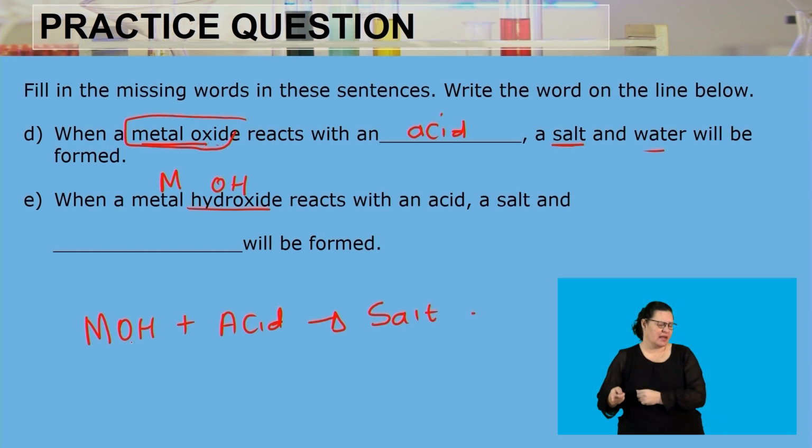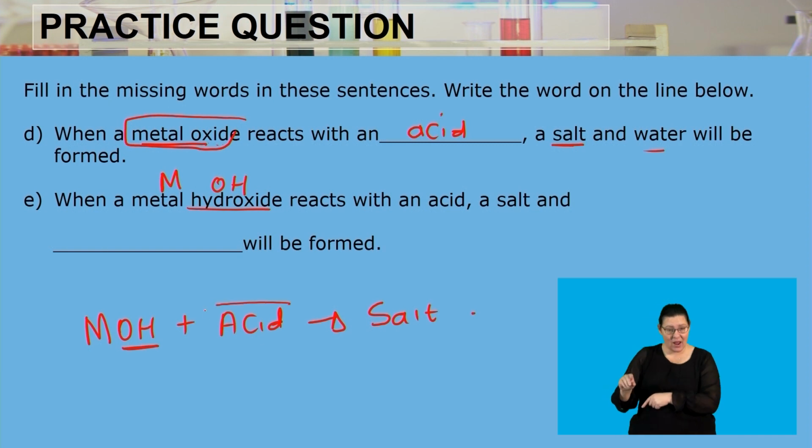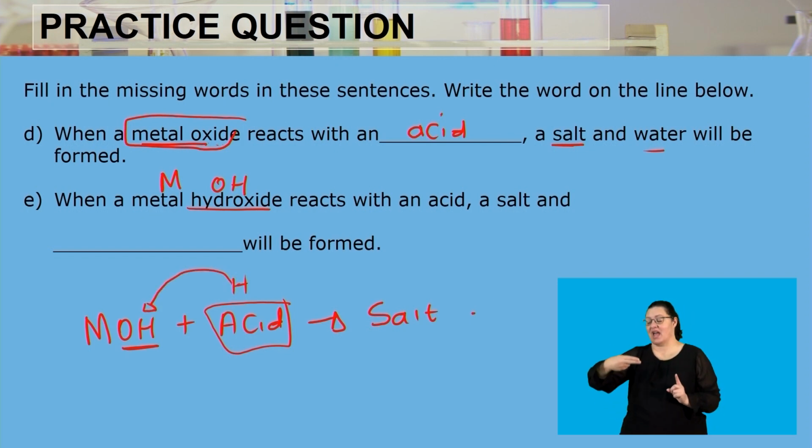Now remember that the OH is going to be given off from the base, and because all the acids have an H within themselves, the H is going to be given off from the acid to react with the OH to form the H2O. So that means a salt and water will be formed.